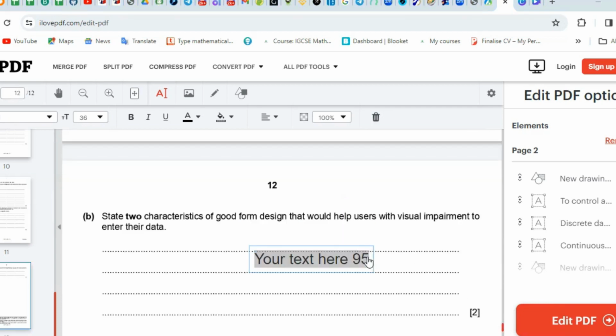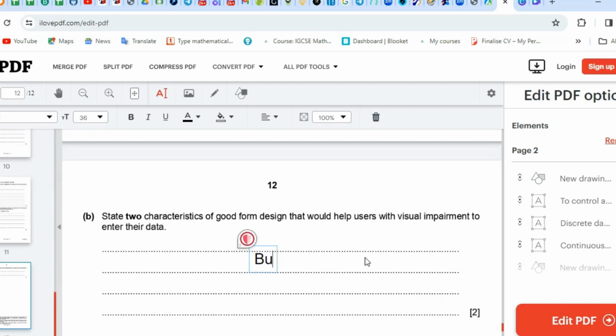All right, so what are the 2 characteristics that will give a visually impaired person opportunity to enter data? One is buttons are large enough to see. So you need to make those buttons large enough to see. All right? That's one.